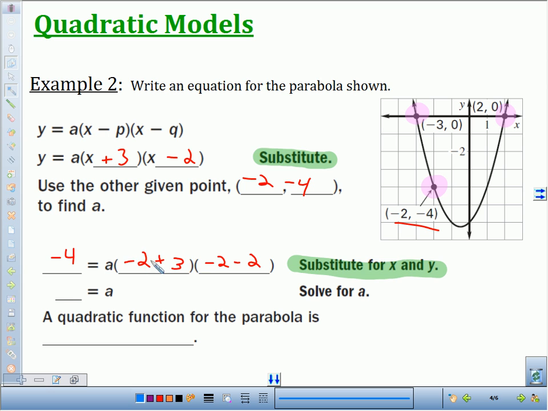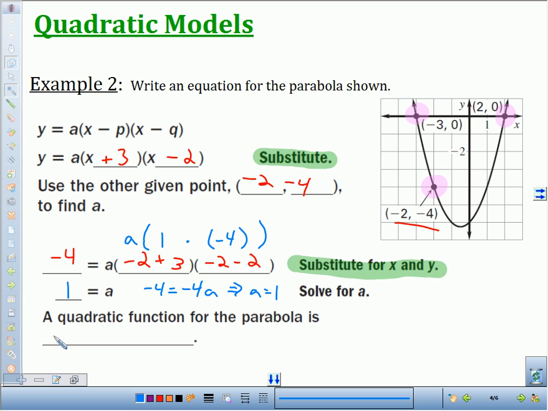Now when we solve this equation, -2 plus 3 is 1, and -2 times -2 is -4. So we have -4a equals -4. That means a equals 1. Again, this is a times 1 times -4, so -4 equals -4a, which means a equals 1.